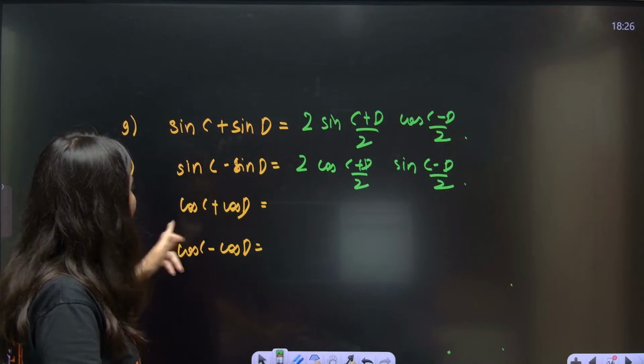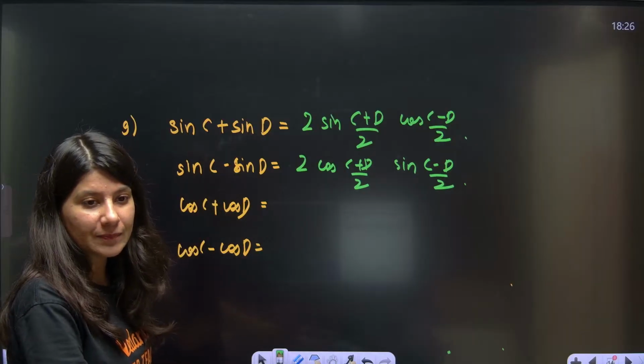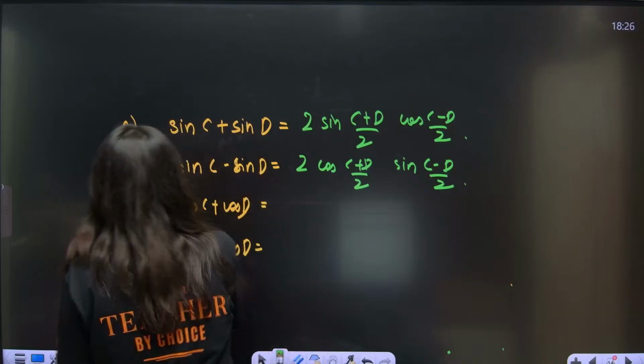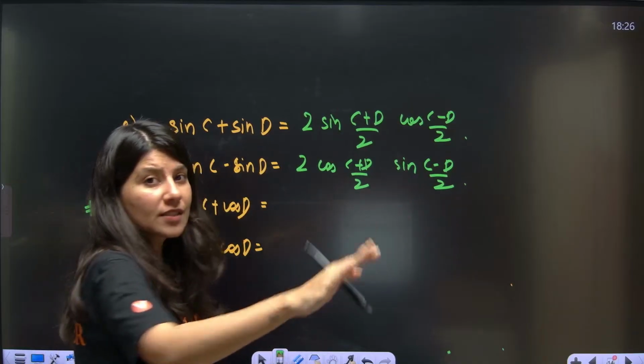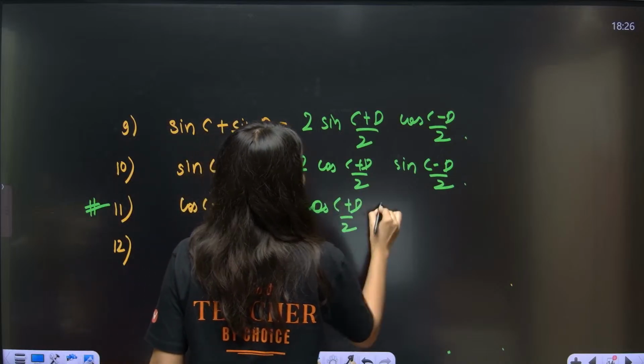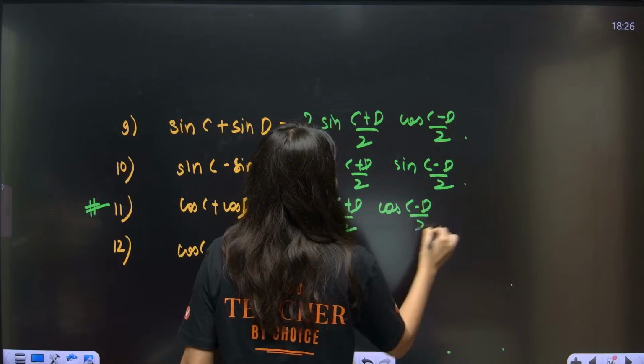Now the next formula, cos C plus cos D. This 11th formula is all cos: 2 cos (C plus D)/2 cos (C minus D)/2.